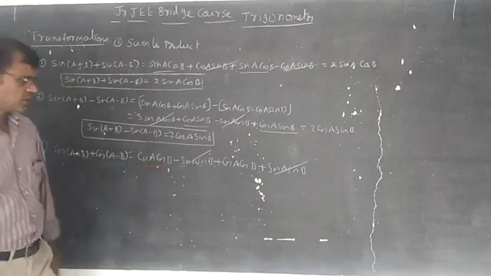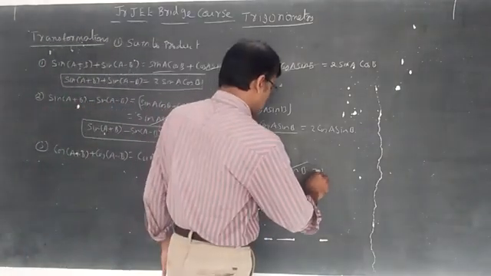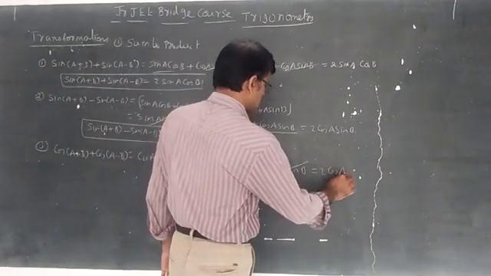So cos A cos B plus cos A cos B, we got 2 cos A cos B.